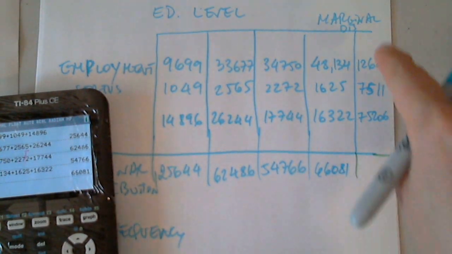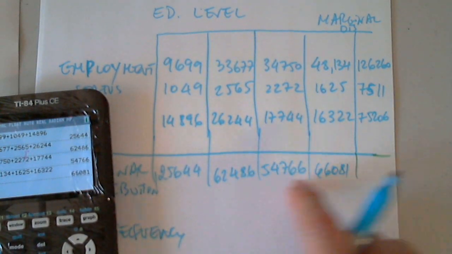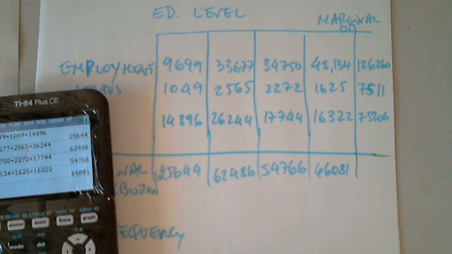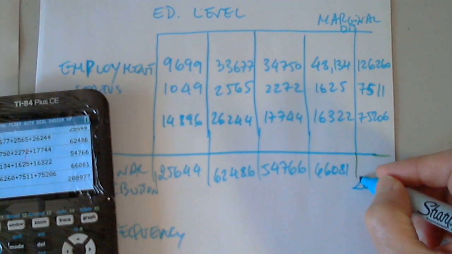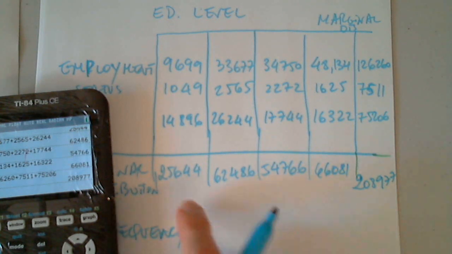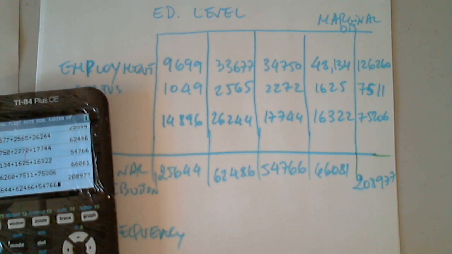And now I have to make sure that these three added up will give us the grand total, and these four added up will give us the exact same grand total. Otherwise, there is an error somewhere. 126260, 7589, 75206. So I got 208977, and I'm checking now with the column totals: 25644, 62486, 54766, and 66081.